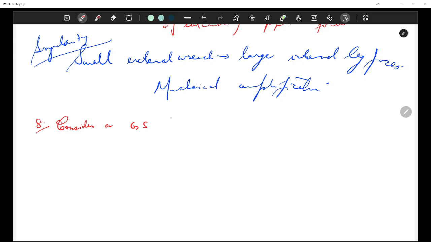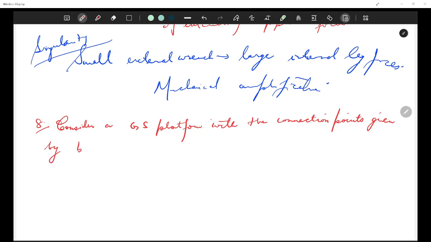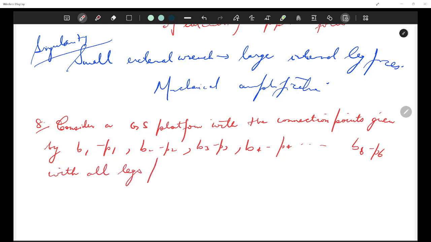Consider a Gough-Stewart platform with the connection points given by B1 P1, B2 P2, B3 P3, B4 P4, similarly till B6 P6, with all legs parallel and along the vertical direction.